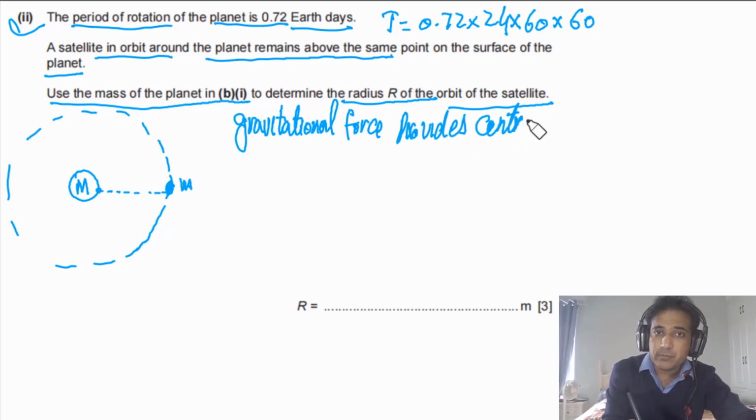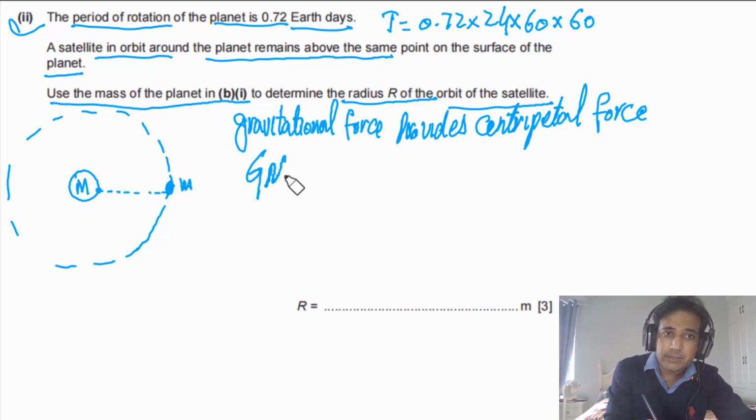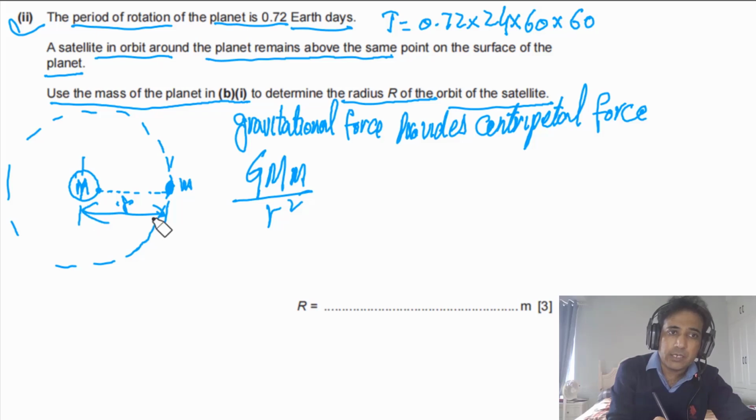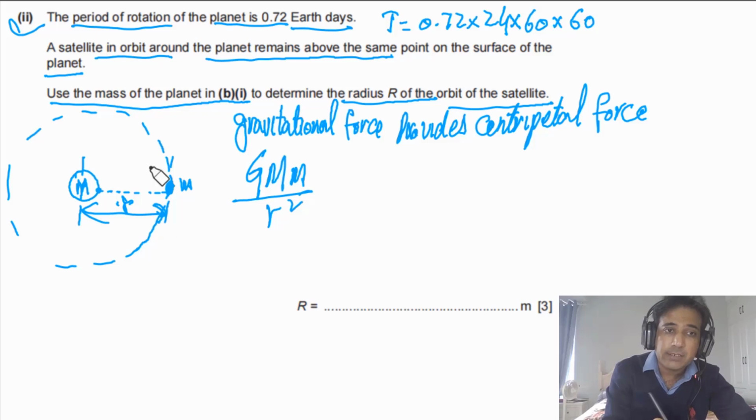Centripetal force is not a force by itself; it is just a fancy name for resultant force. So gravitational force provides centripetal force. The gravitational force is G capital M small m divided by r squared, where r is the distance between the center of the planet and the center of the satellite.